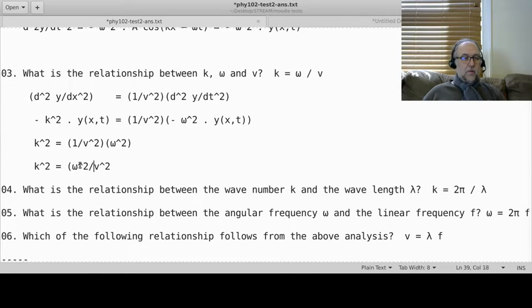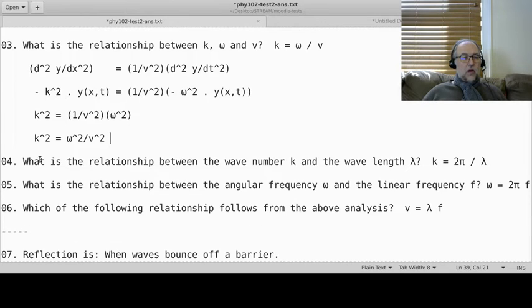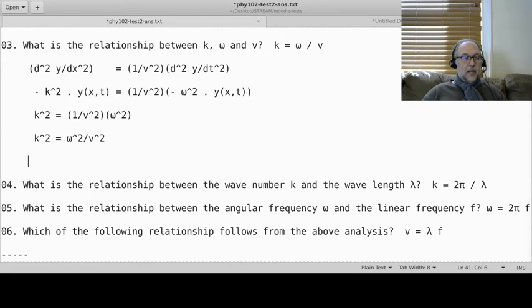Whoops, I forgot to divide. There we go. So all I did was move the 1 over v squared with the omega squared there. We're almost there. All of these quantities are positive. The wave number is a positive number, the angular frequency is a positive number, the speed is a positive number, so we could take the square root without any worries. Square root of k squared is just k, square root of omega squared is just omega, square root of v squared is just v, and ta-da, there's the answer.